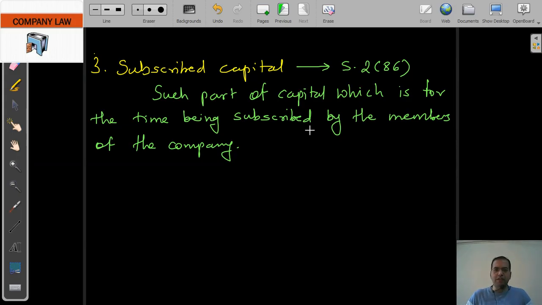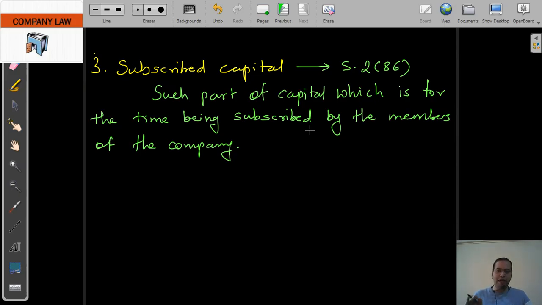It may be oversubscribed or undersubscribed for that matter. It is that portion of the issued capital at face value which has been subscribed for or taken up by the subscribers of shares in the company. So it is clear that the entire issued capital may or may not be subscribed. As I told you, it may go for oversubscription or undersubscription.